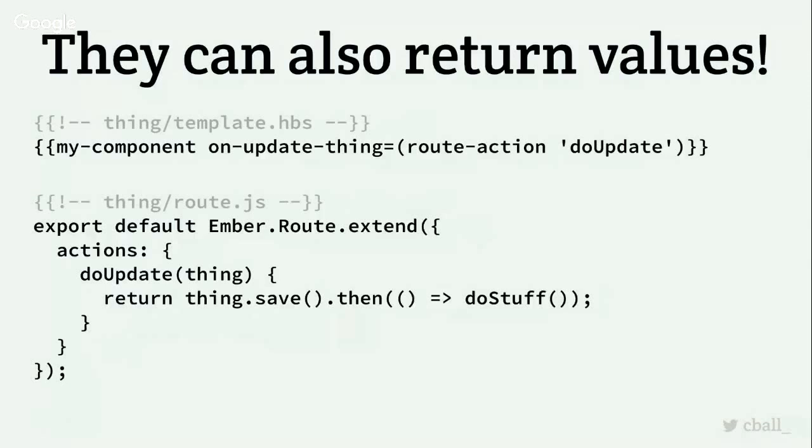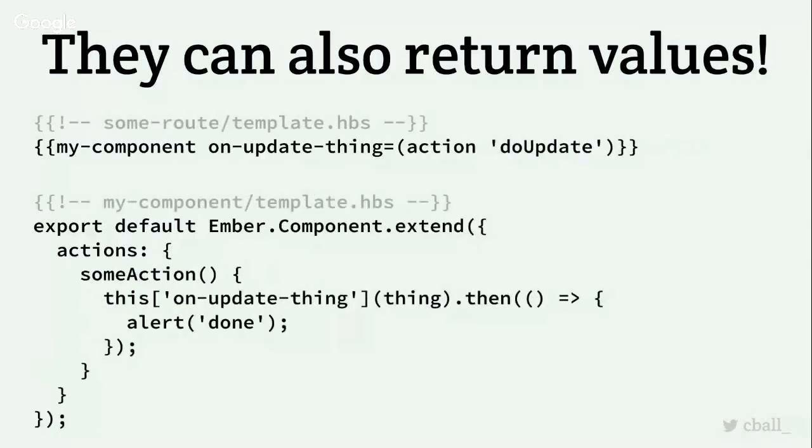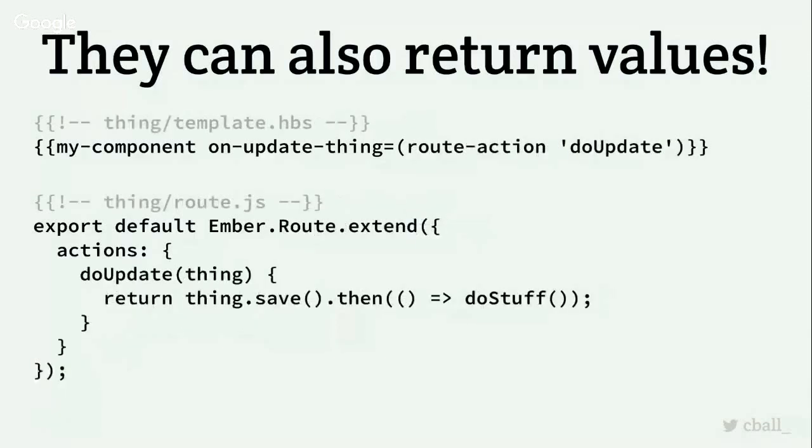You can actually return that promise back down and leverage it inside of your component. And so when this thing is called, you can also hook into the promise here. So you can actually use it at multiple levels. And this is something that was not possible at all before. That's a little confusing.